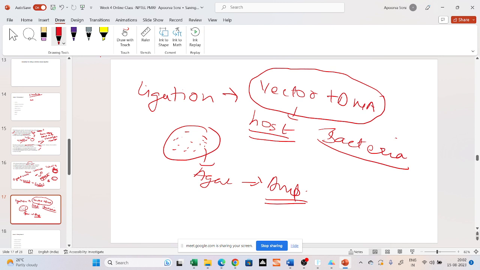So how will this bacteria grow? Only those bacteria that have an ampicillin resistance gene will grow. Those bacteria resistant to ampicillin are the cloned ones, because in our vector we have an antibiotic resistance gene, that is ampicillin. So only those bacteria that have the ampicillin resistance gene will grow.